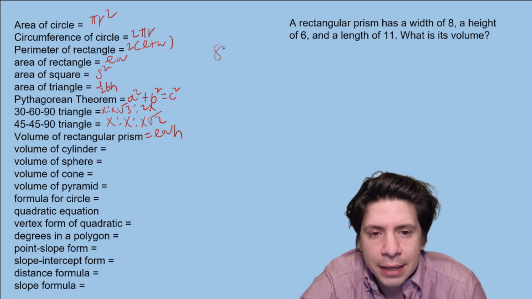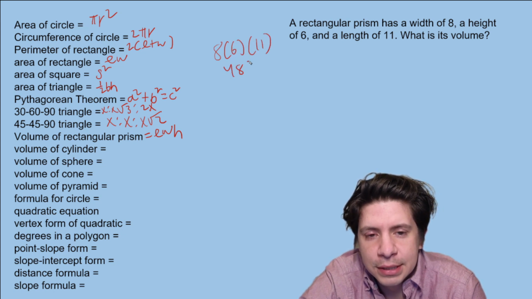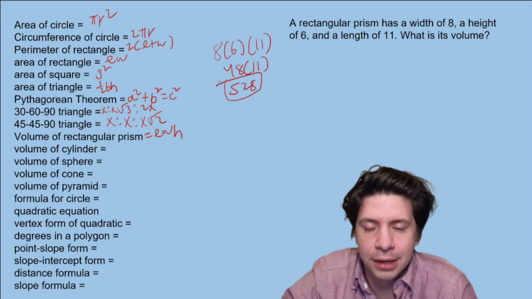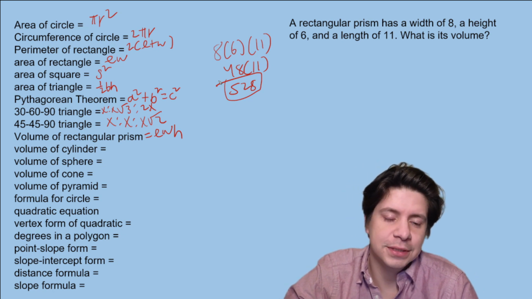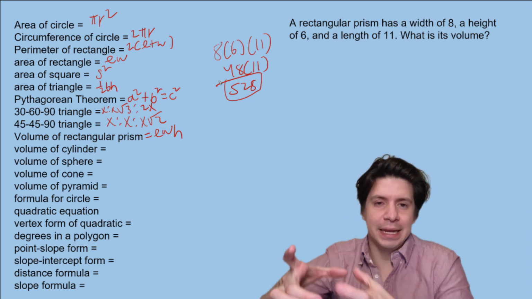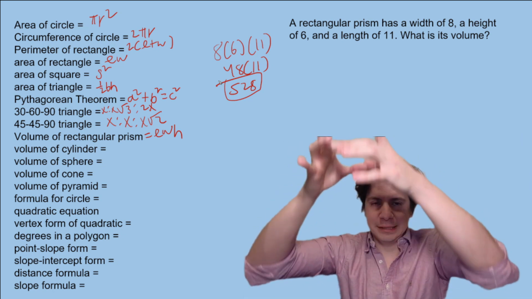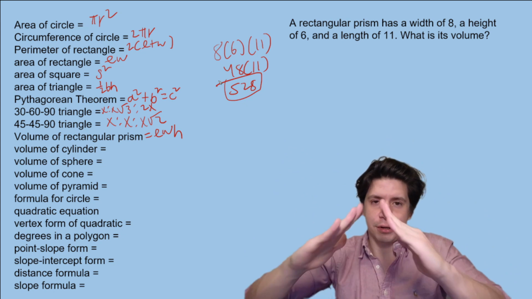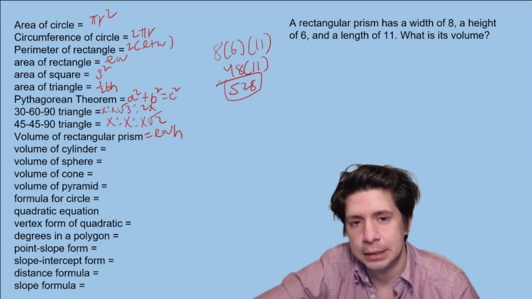So we just do 8 times 6 times 11, which is 48 times 11, which is 528, right? Nice and clean and beautiful. I love this equation, and it helps us understand the future equations, right? It's always area of a base times the height if you're going straight up, and if you're going to a point, you do it by a third.